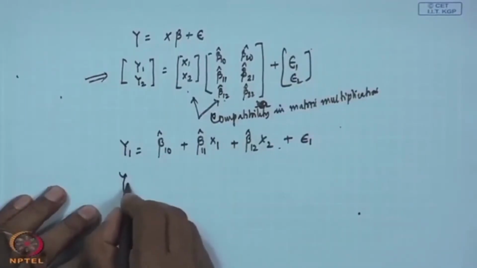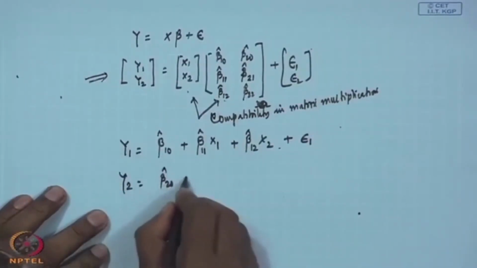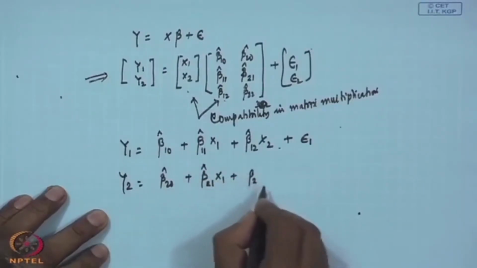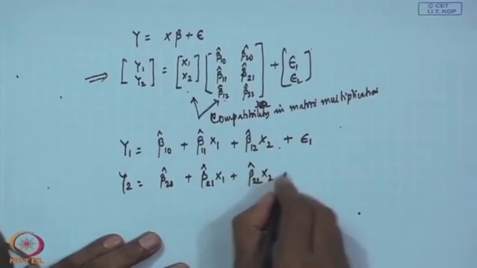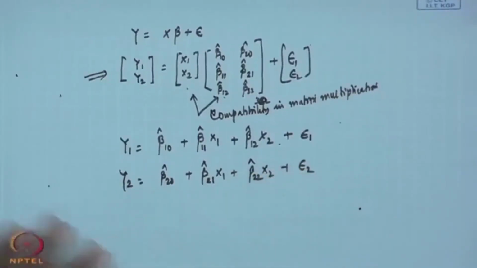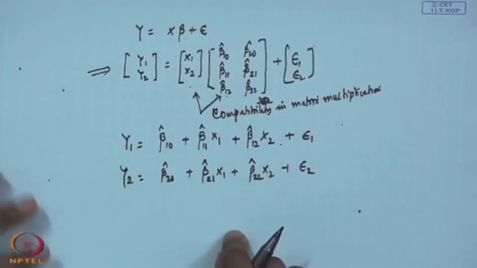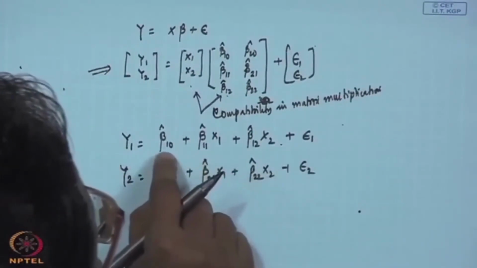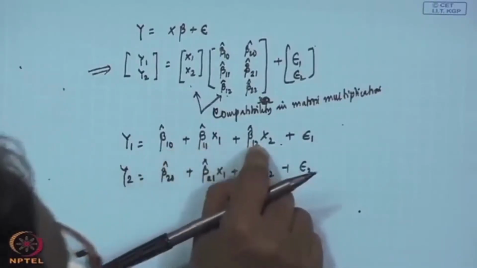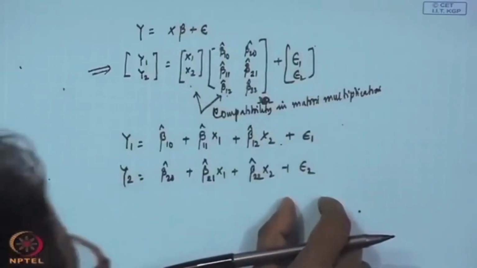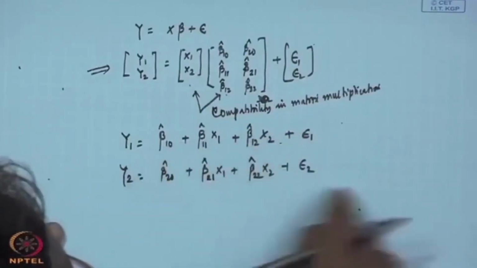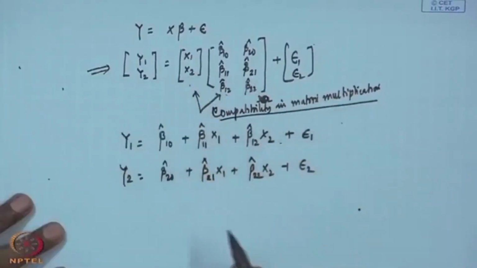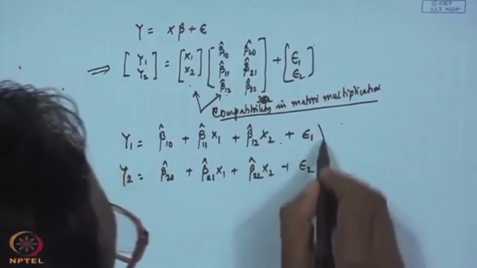Then your y2 is beta 20 cap, beta 21 x1, beta 22 x2 plus epsilon 2. So if you write like this, beta row wise and then x1 and x2, this into this plus this into this, that way it will work. Here I told you that matrix compatibility is required, but this is the resultant equation.